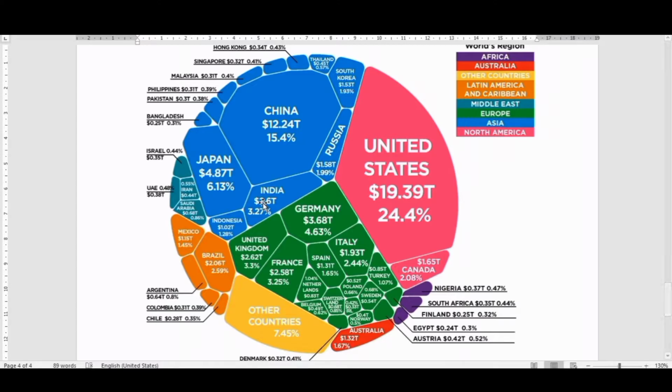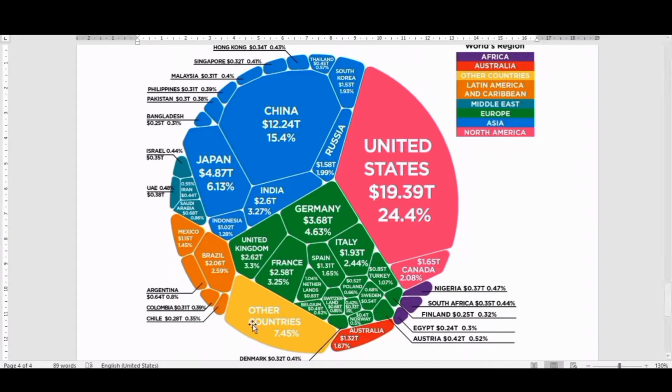And for the European Union, we will highlight 4 countries. So Germany has the biggest GDP for the EU, followed by United Kingdom and France, which have very close figures, and Italy at 4th. And then the rest of the figures we will just ignore.